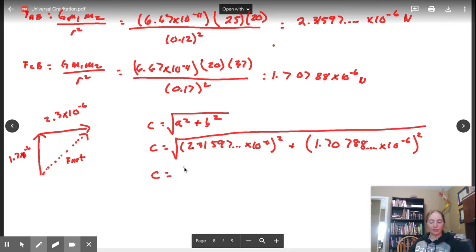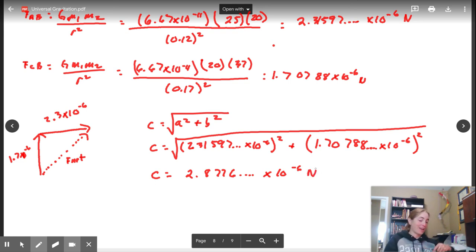And you're going to wind up with our F_net, which is our C value here, as 2.8776... times 10 to the -6 newtons. Now that's the magnitude. I said net force. Is force a vector? Yes, it is.